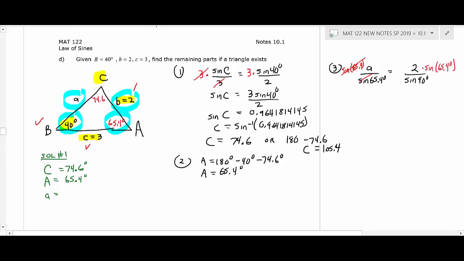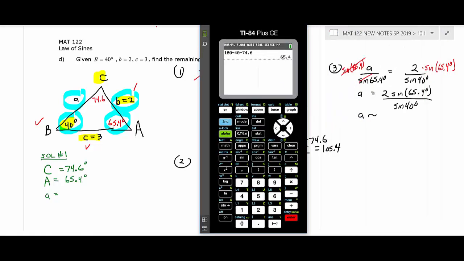Okay, like so, and then we'll get the calculator out. So we have A is equal to 2 sine 65.4 degrees all over the sine of 40 degrees. All right, so now I'm going to go ahead and do that on the calculator, and that'll give us the end of solution 1 then.